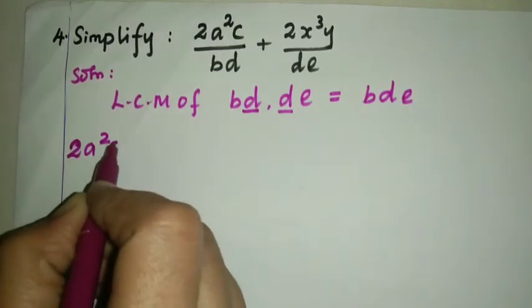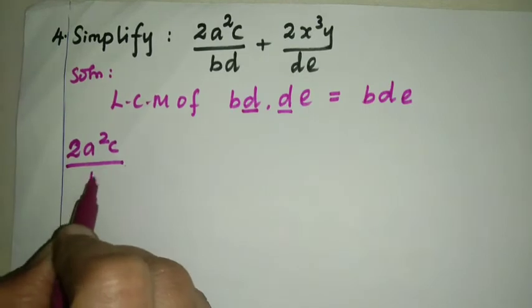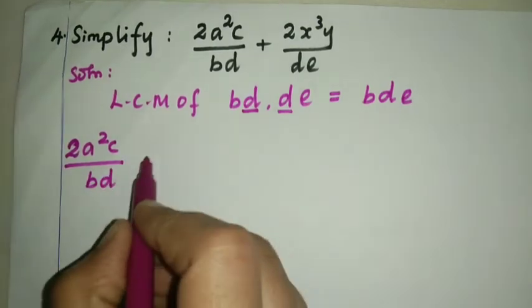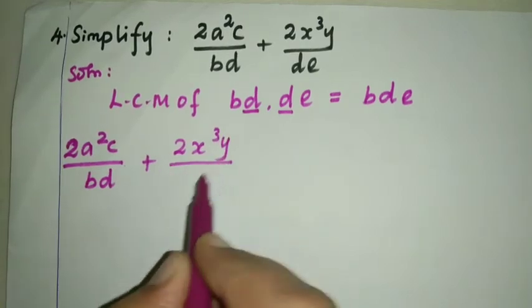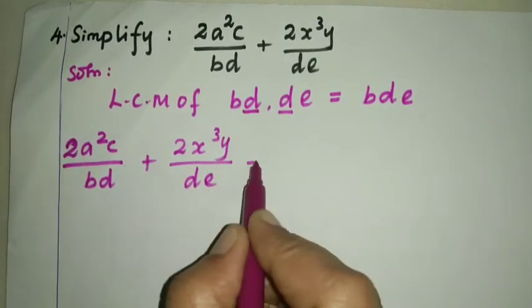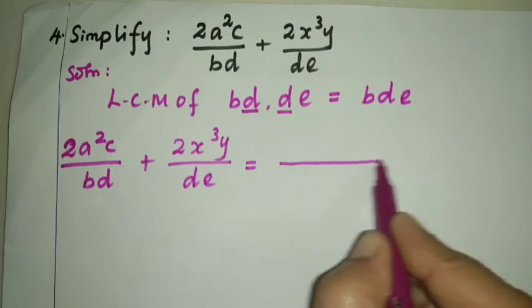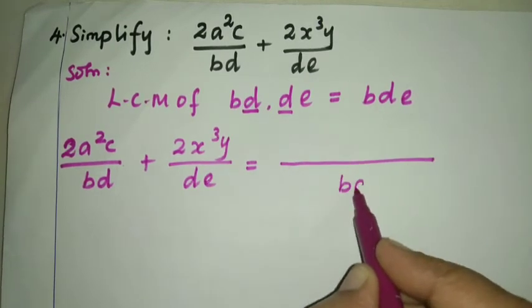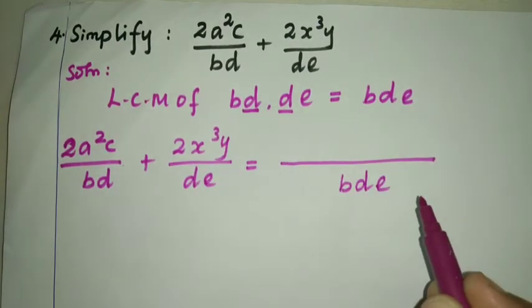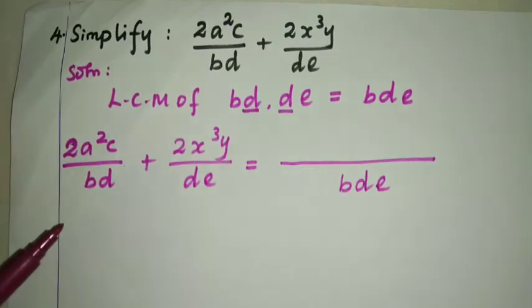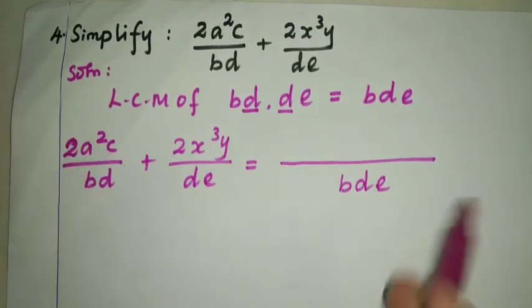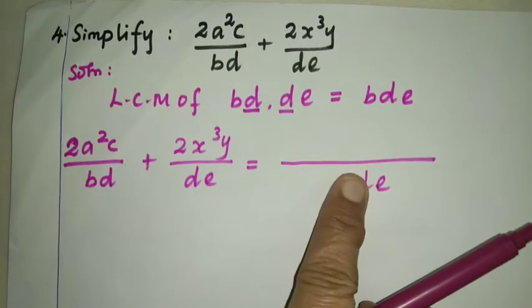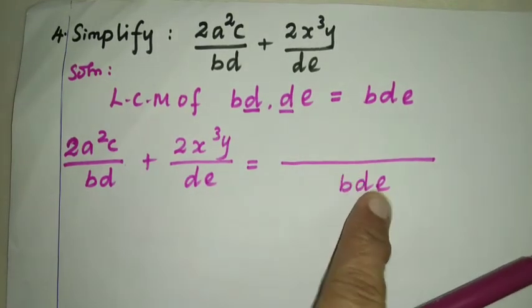Next, 2a square c by bd plus 2x power 3y by de, which is equal to, here the LCM is bde. The first fraction is 2a square c by bd. Here we already have the variable bd. What is the remaining variable? e.